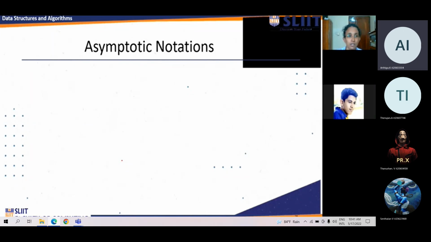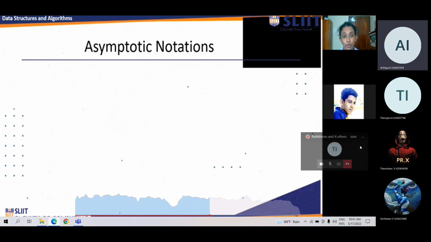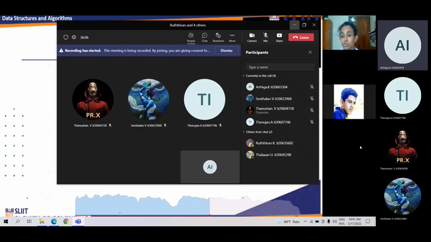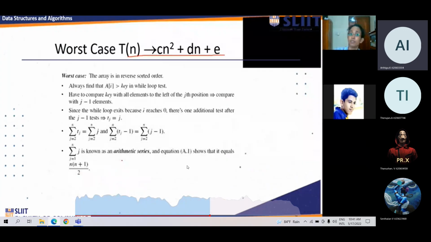Whatever the big O values, whatever the calculations, everything has to be accurate because you analyze it exactly. But even for 8 lines, you have seen that lots of mathematical computations are there. If you have 100 lines like this, you might take one day to do this computation, which is time consuming. But one advantage of exact analysis is that the answer is 100% correct.